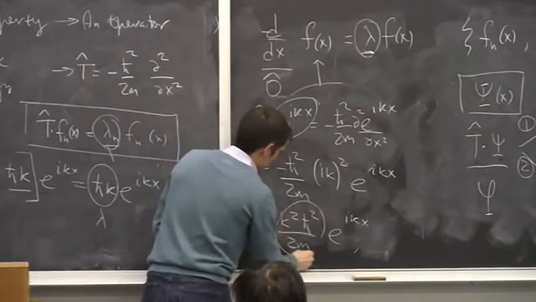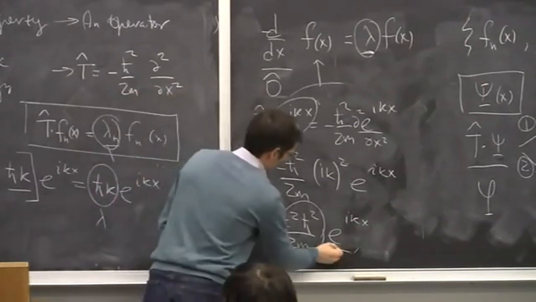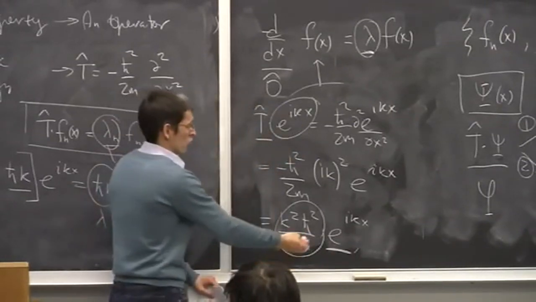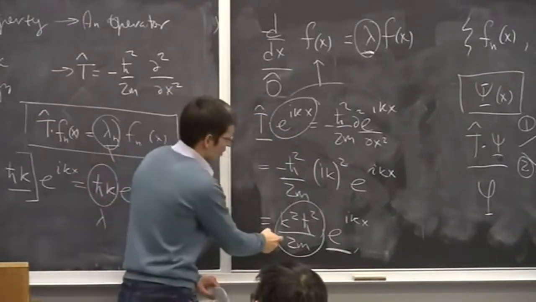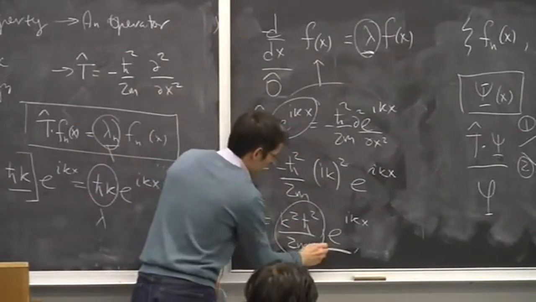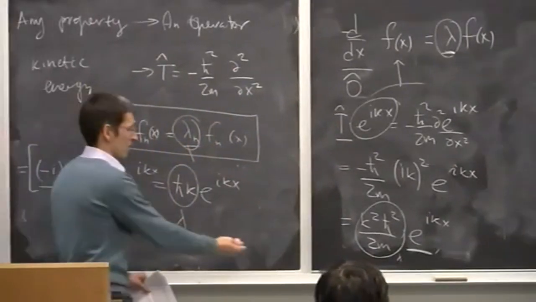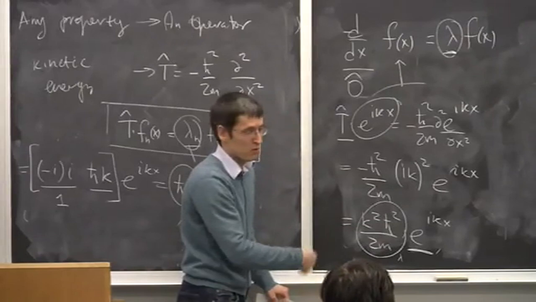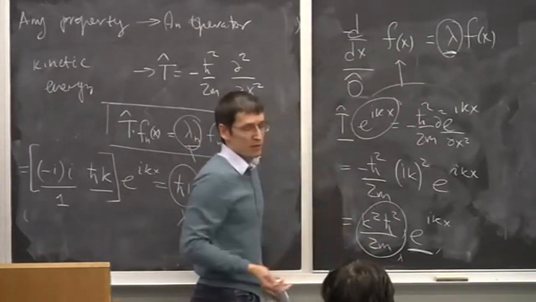We got a constant, which is an eigenvalue, and the function back, which shows that this is an eigenfunction of this operator. I'm calling the eigenvalue lambda again, but this lambda and that lambda are different, because they are eigenvalues for different operators.